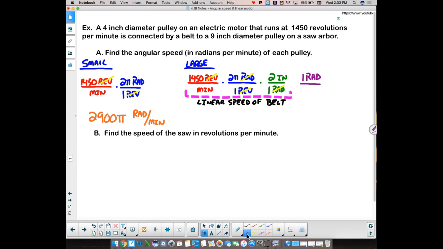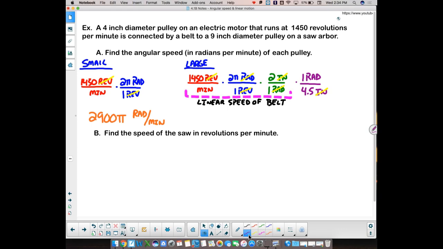What's the radius of the large wheel? 4.5 inches. And that leaves me with radians per minute of the large wheel.